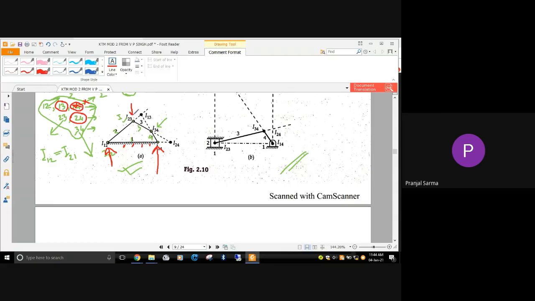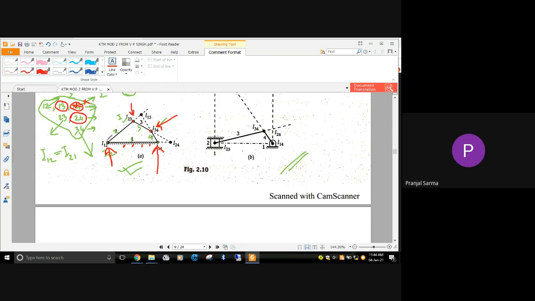Why are 2 3 and 3 4 known as permanent? Because we know that 2 3 and 3 4 will always lie at the center of the pin itself. But during the course of movement of this particular four-bar mechanism, the position of the links may be different.